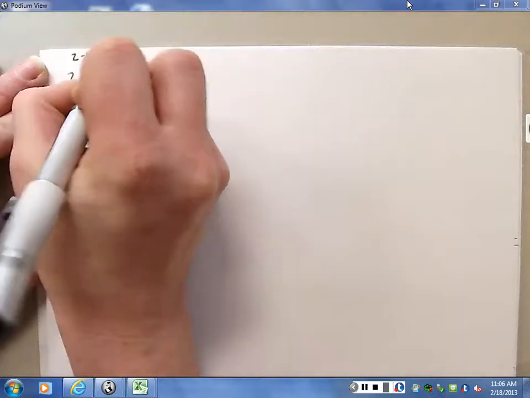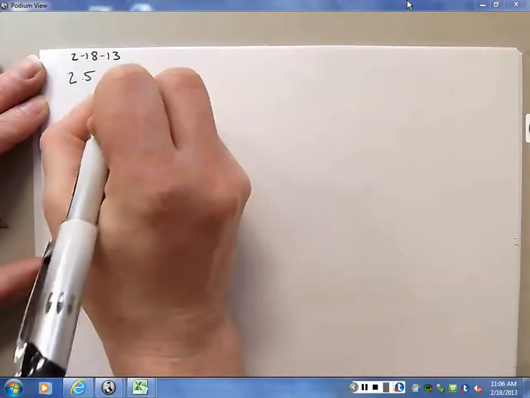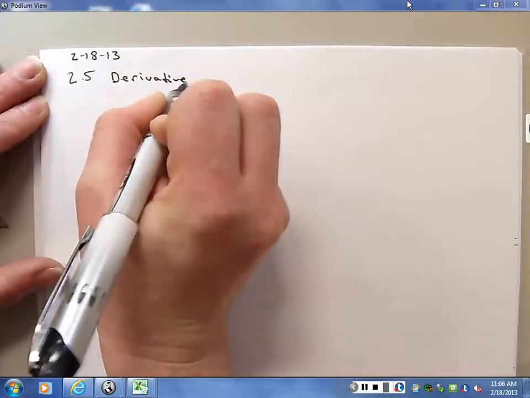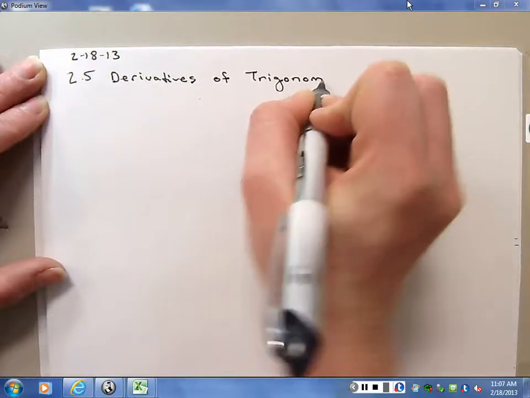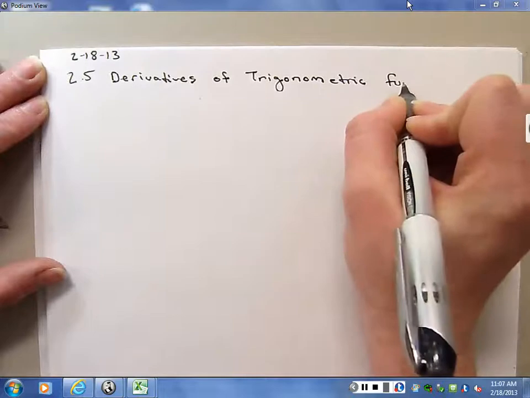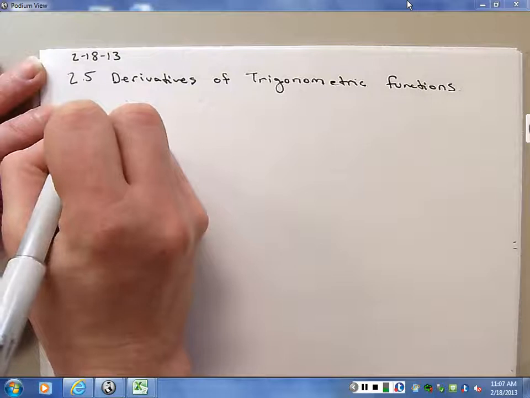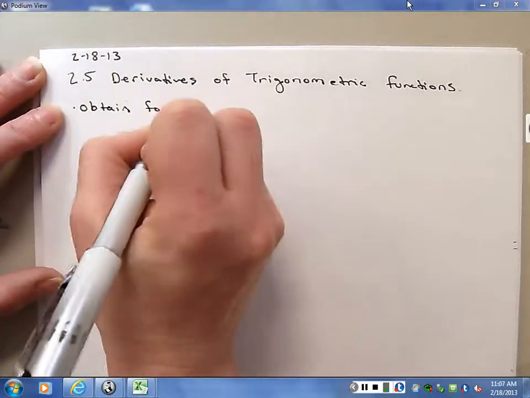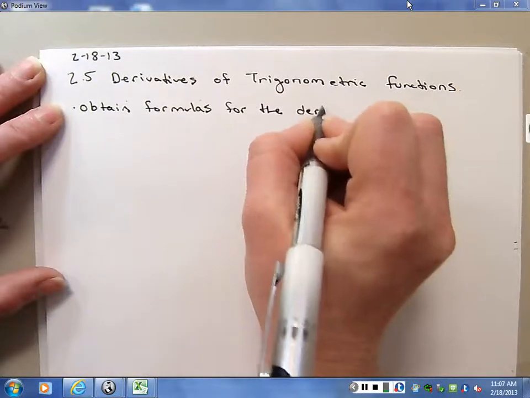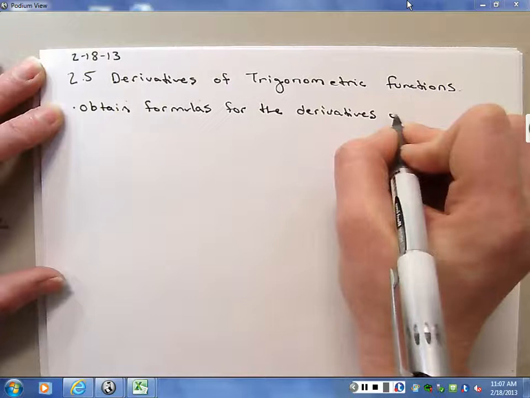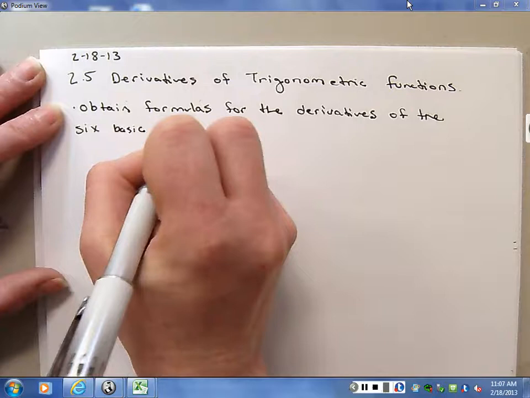2.5. So our goal in this section is to obtain the formulas for the derivatives of the 6 basic trig functions.